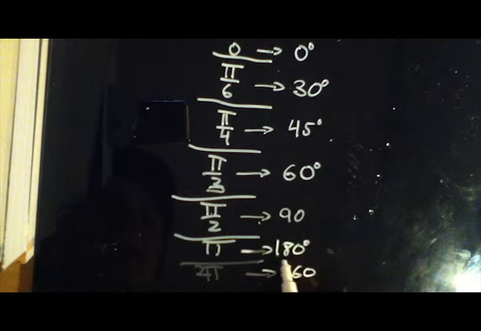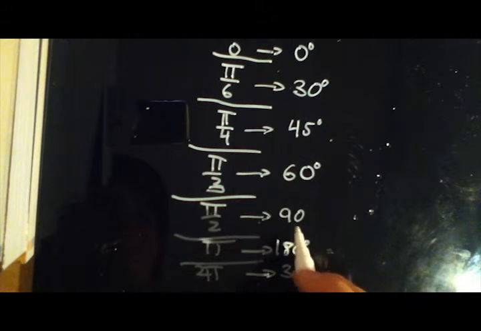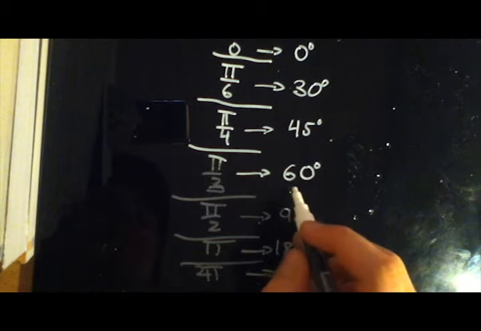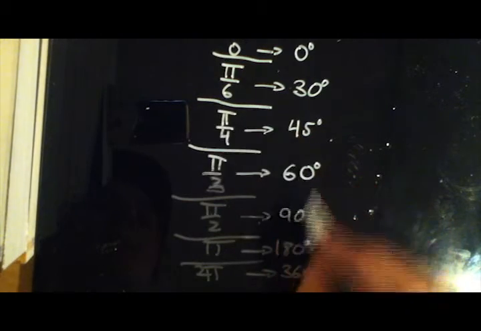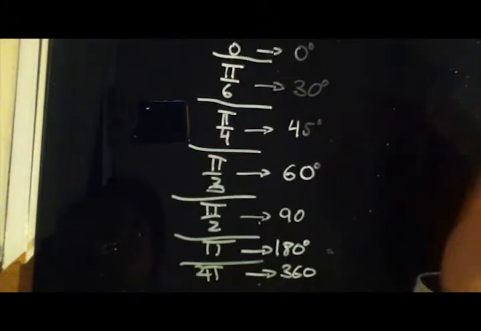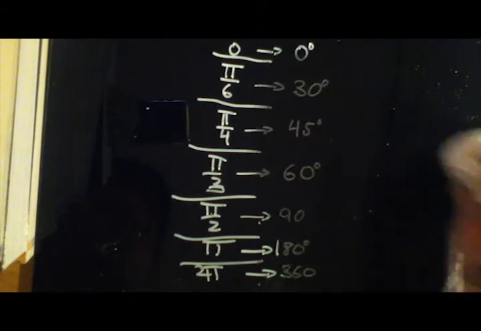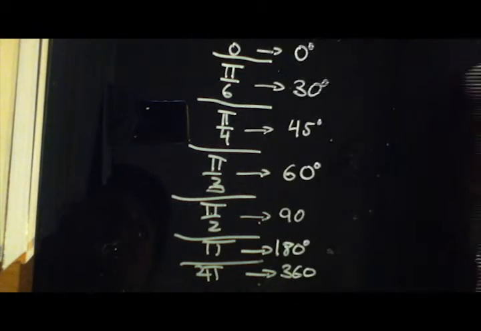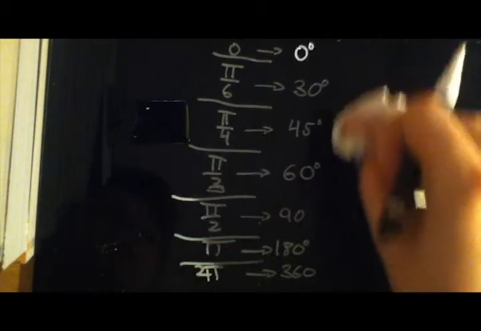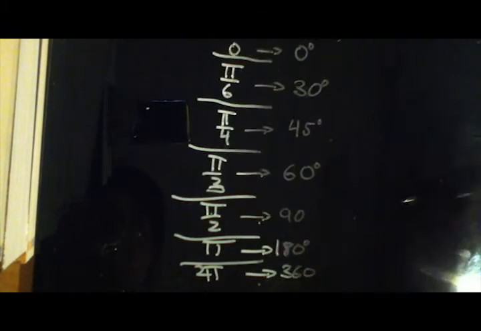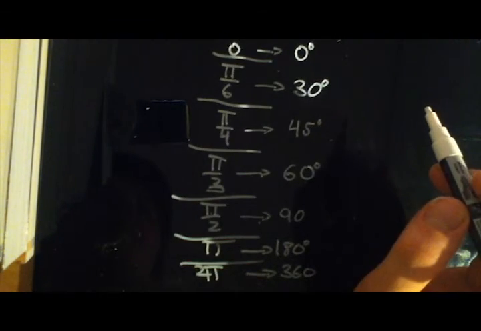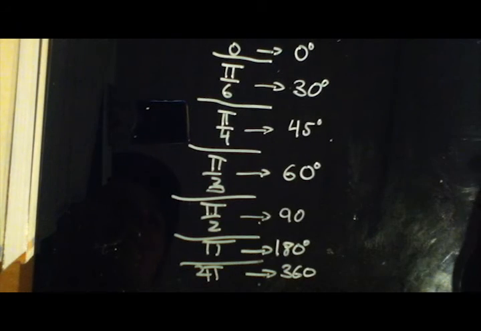So basically, 360 divided by 2 gives you 180, divided by 2 gives you 90, divided by 2 gives you 45. And you can see this pattern right here. These are the angles you must remember. You can memorize them as many times as you like, but remember, these are very important angles. A lot of times you're going to see these angles everywhere, and sometimes you're not going to have a calculator available for you. And we're going to learn in just a minute what the sine and cosine of these angles are.